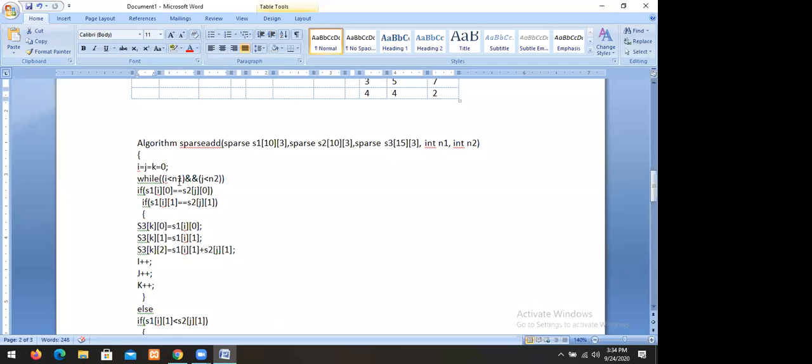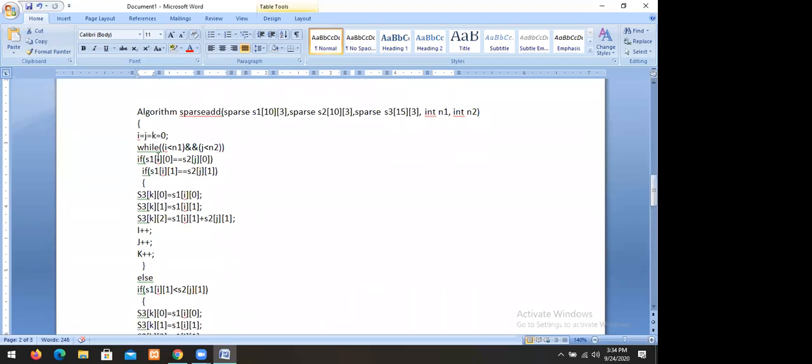When the row numbers are equal, we compare the first row number. The row number is the 0th column. If S1 of ith row 0th column is equal to S2 of jth row 0th column, then the rows are equal, so compare the columns. If S1 of ith row first column is equal to S2 of jth row first column, the columns are also equal, so we can add the non-zero terms.